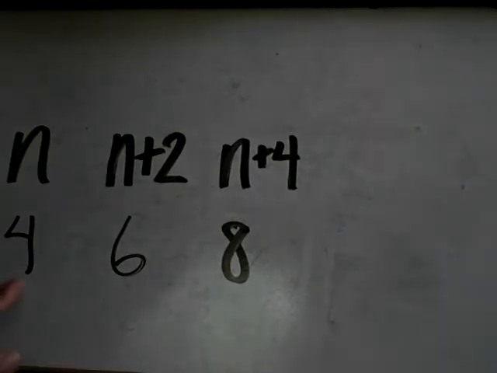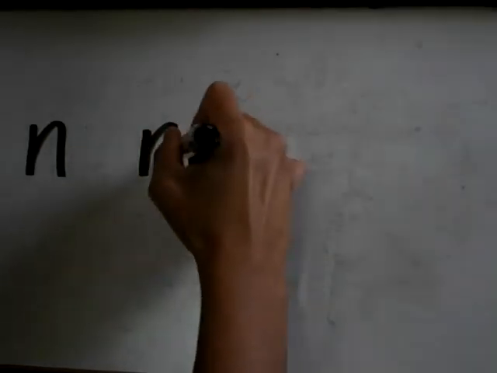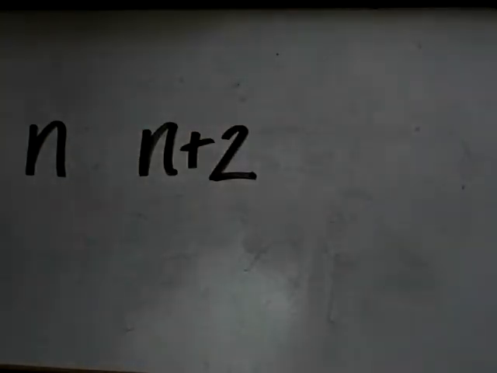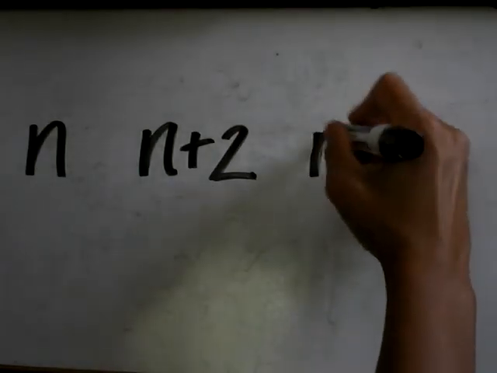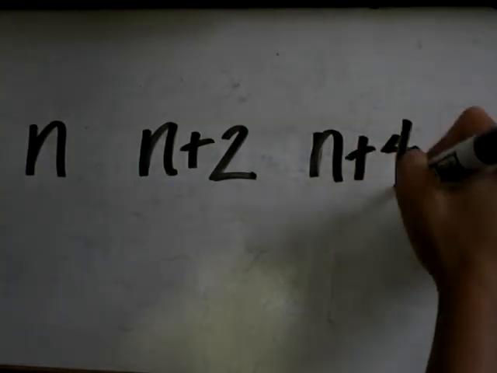This also works the same with odd numbers. If I asked you to give me the expressions for 3 consecutive odd numbers, this would be your first odd number, here's your second odd number, and here's your third consecutive odd number.